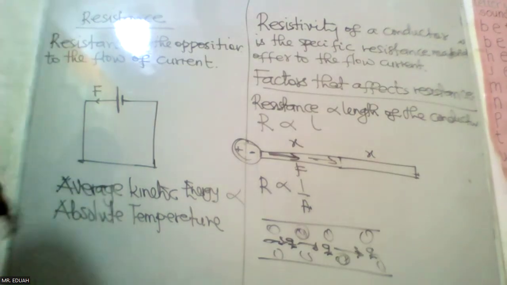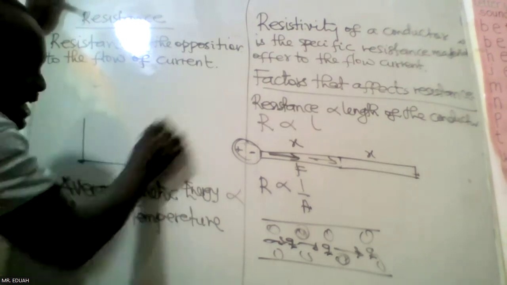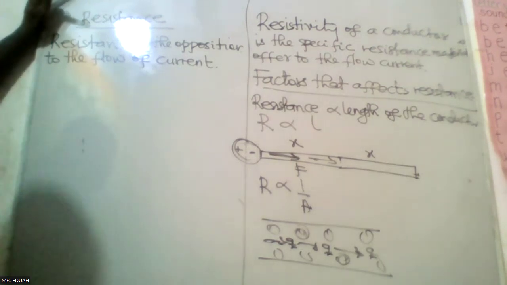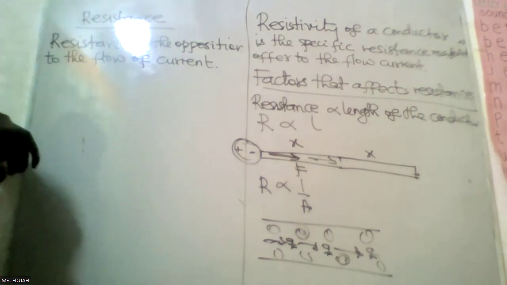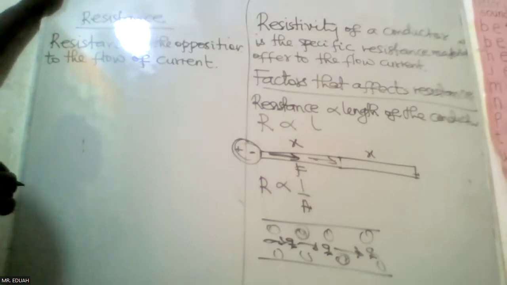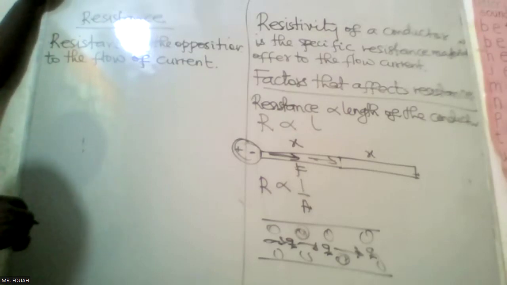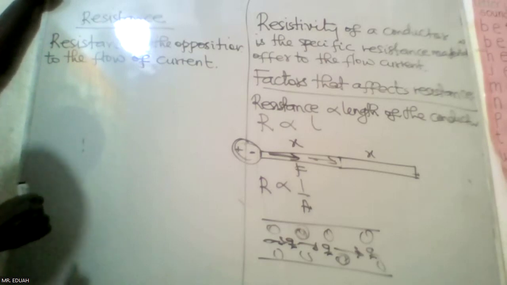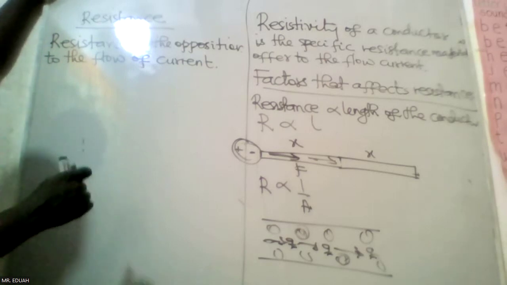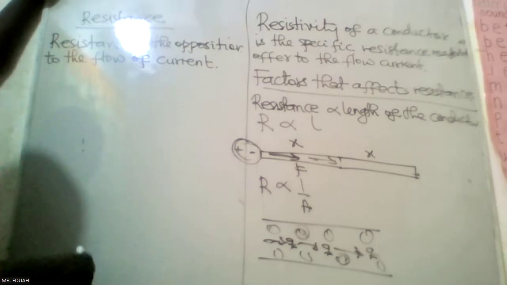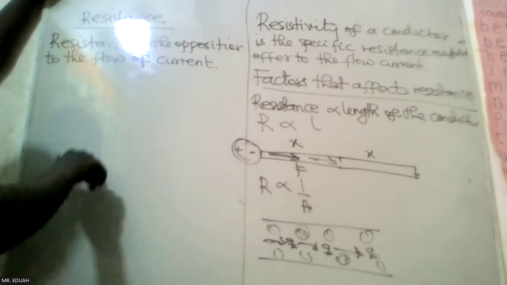All right. And so three factors that affect resistance, we've talked about: the length of the conductor, the cross-sectional area, and then the resistivity of a particular conductor. I said the resistivity is the specific resistance conductors or materials offer to the flow of current, and then temperature.